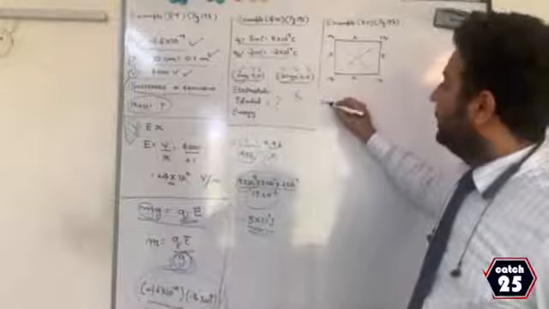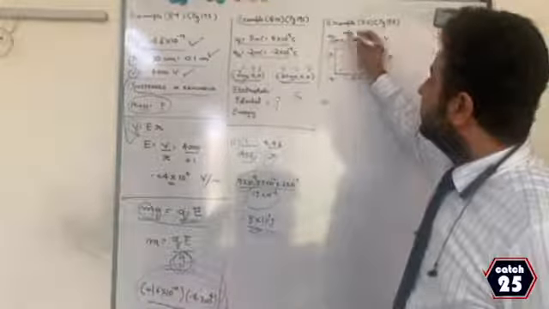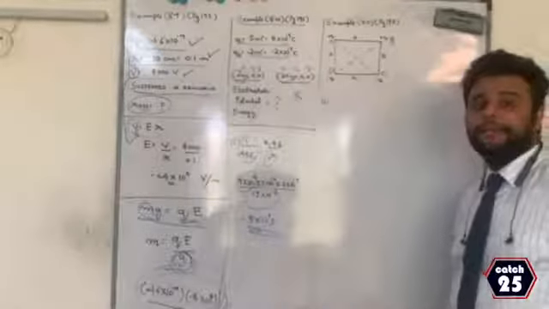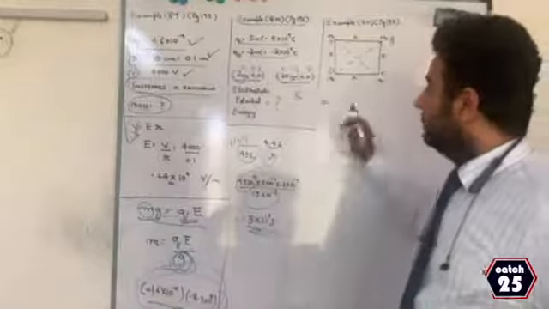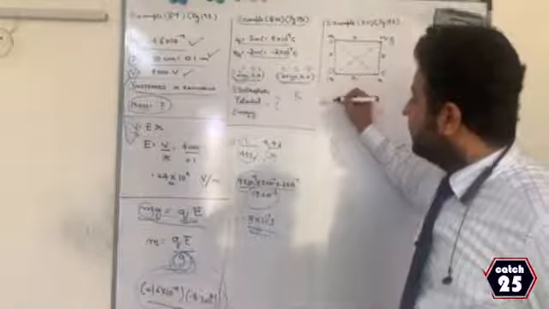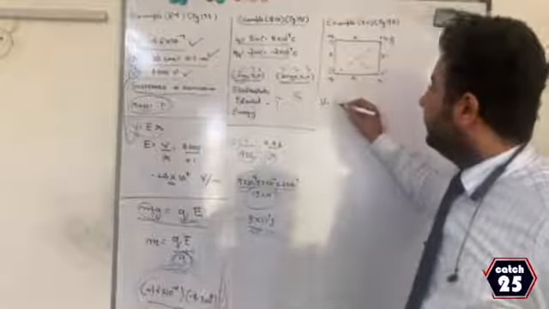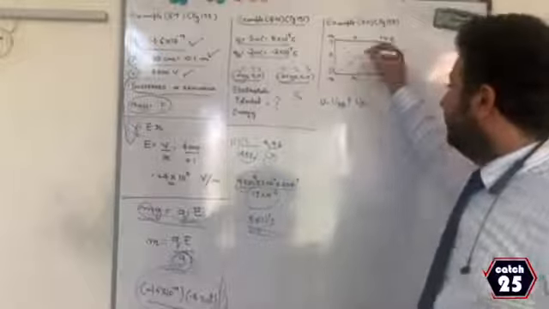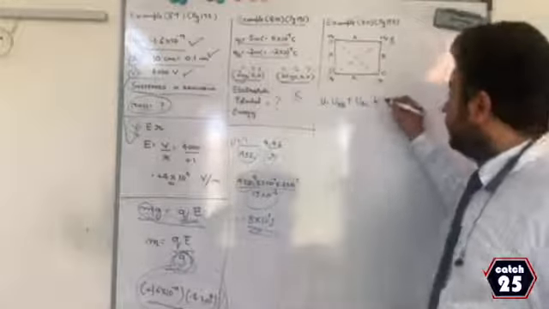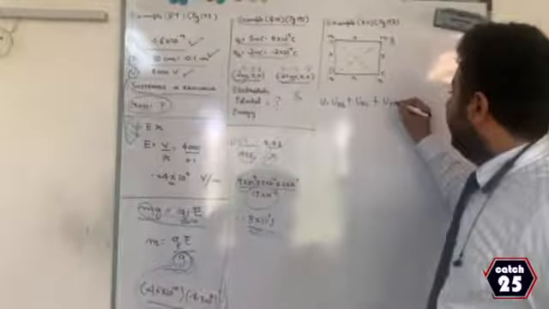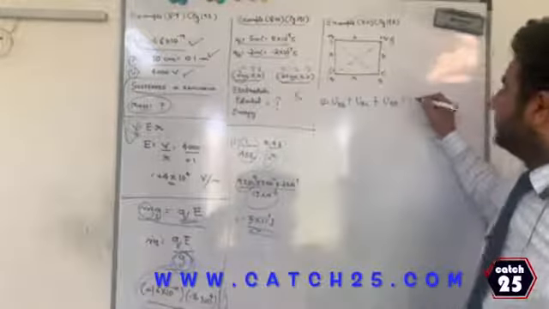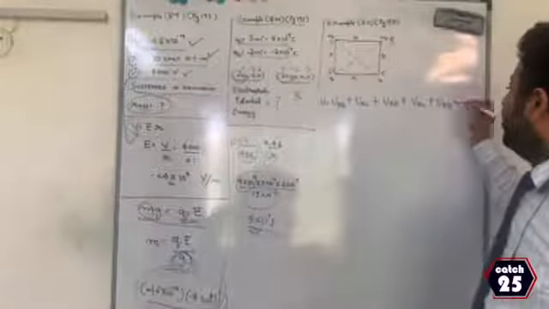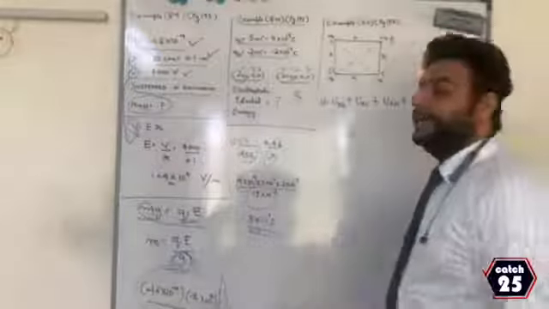Now total potential energy, first let me name this as A, B, C, D. If you look at it, I named it as A, B, C, D. First thing let me tell you, the total electrostatic potential energy is nothing but electrostatic potential energy between A and B, plus electrostatic potential energy between A and C, plus electrostatic potential energy between A and D, plus potential energy between B and C, plus potential energy between B and D, plus potential energy between C and D. Check, there are 6 terms.